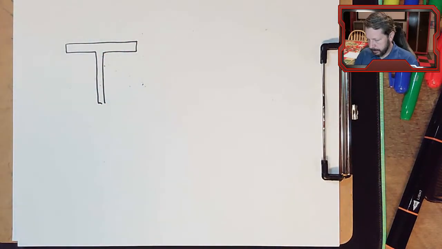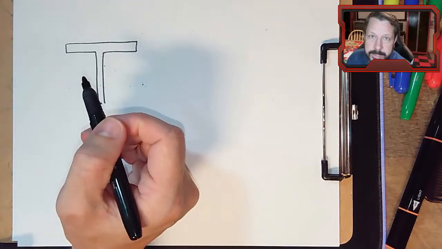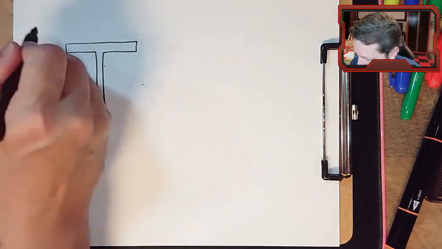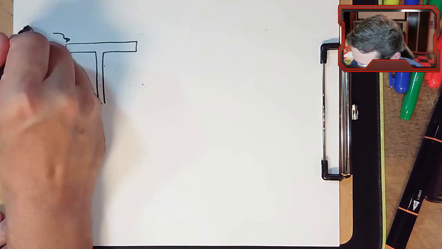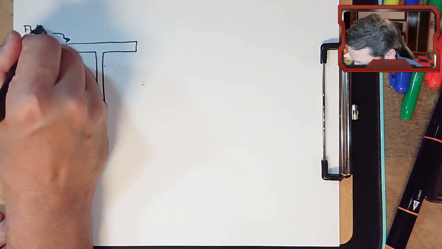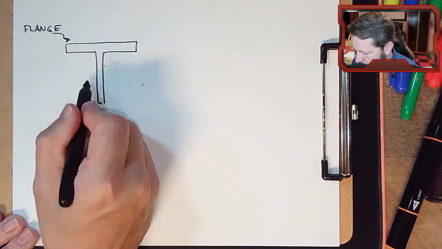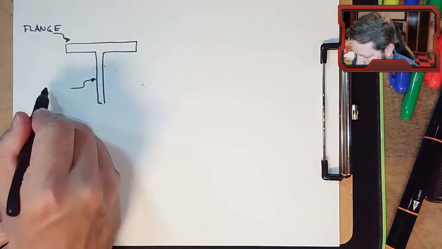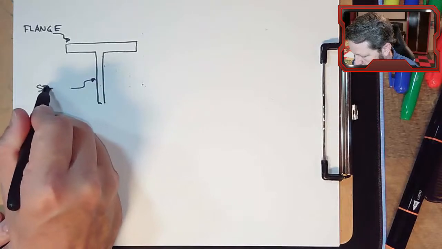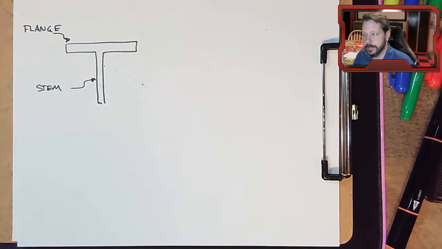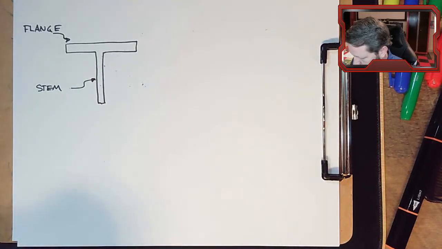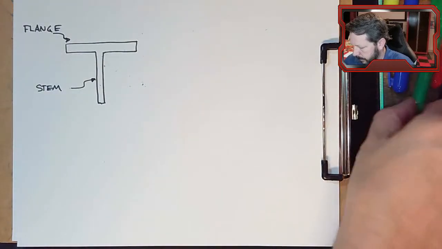All right, so our T, something like that. For naming, we're going to start having to talk about these beams and the different pieces of them. This top part is called the flange. And this piece here for a T-beam is called the stem. That's just naming convention that we'll need later.